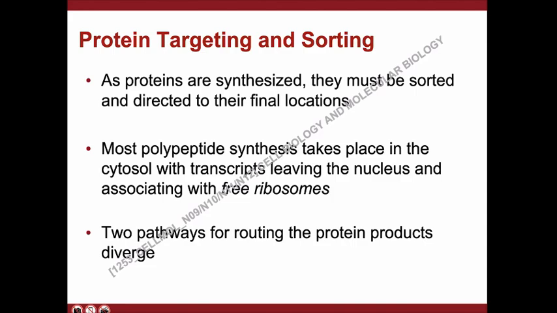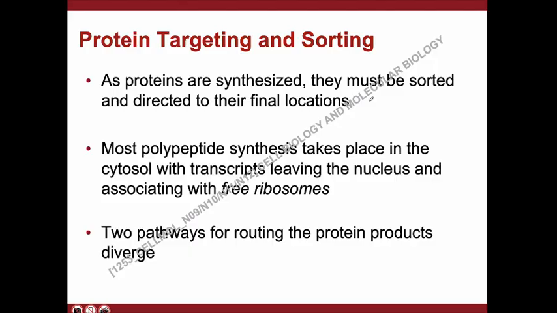Okay? So like we said, these tagged proteins, these tagged polypeptides that are encoded by the nuclear genes, are going to be routed to different compartments of your eukaryotic cells.